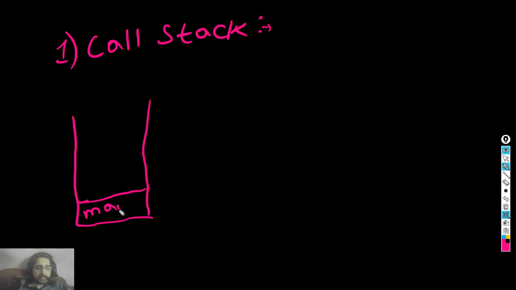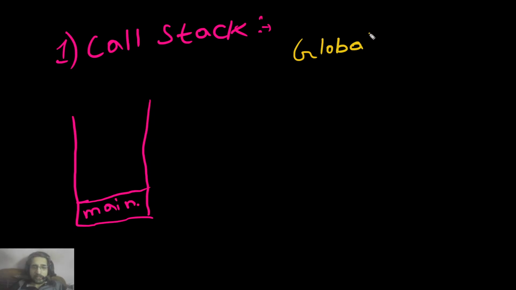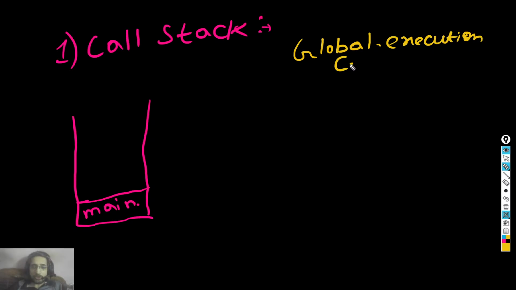Already the main program is stored inside this. So what is global execution context? Global execution context, guys, represents the program where you store all your variables, strings, arrays. So here we can declare some variables, b is equal to 2.